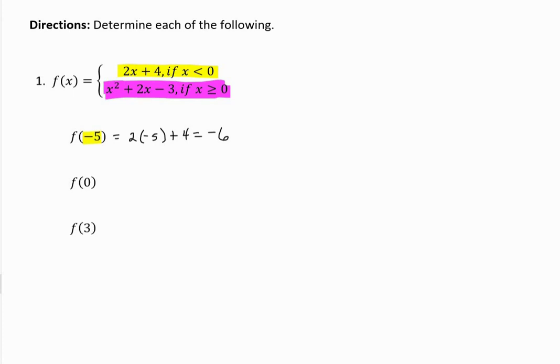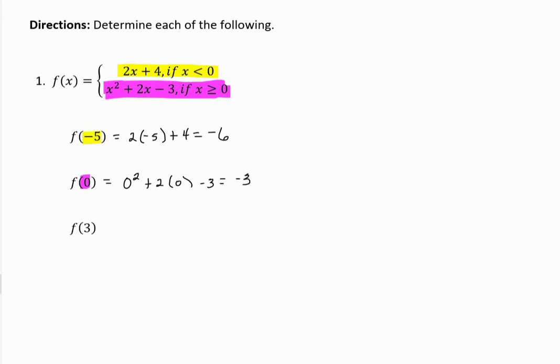Now f of 0 is a little tricky because you have 0 over here on the end of both inequalities, but the one that I'm going to be using is the pink because this inequality here says greater than or equal to 0. So I'm going to be using the pink function, putting 0 in place of x.